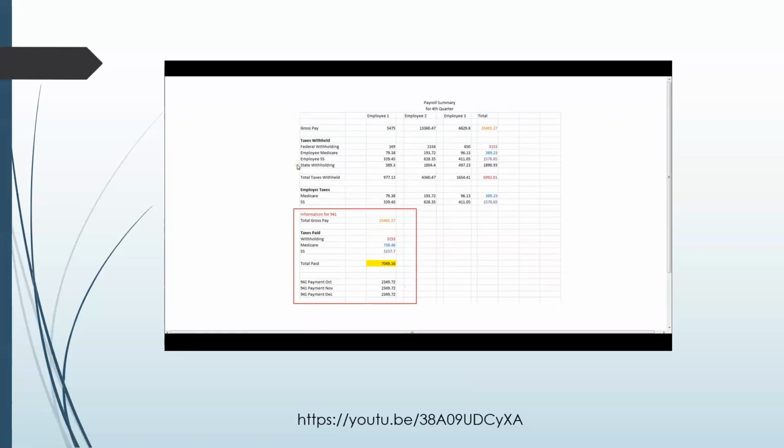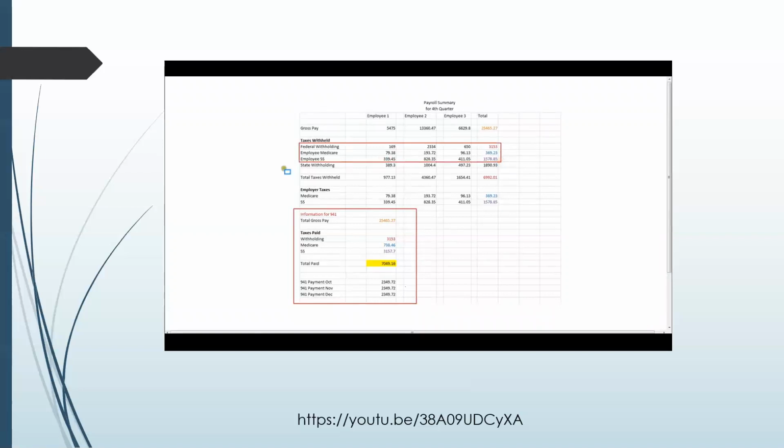The state withholding we're not going to need to use for the 941, but I wanted to point that out. This is only federal taxes that are going to go on the 941 form. So we are going to be using this portion, not the state portion.